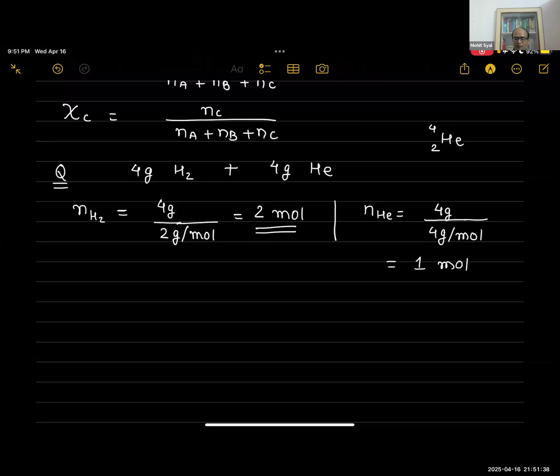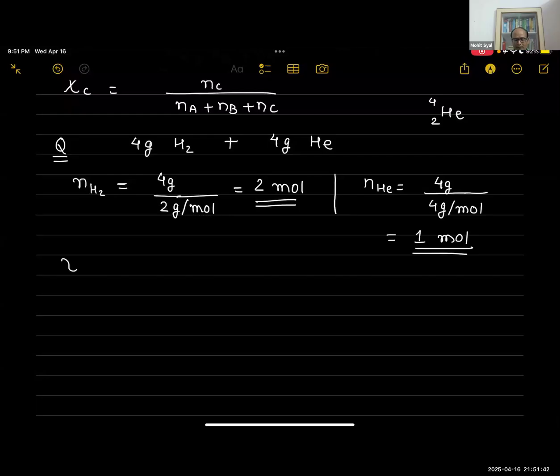You found out the moles. Right. Now the mole fraction of hydrogen will be moles of hydrogen over total moles.